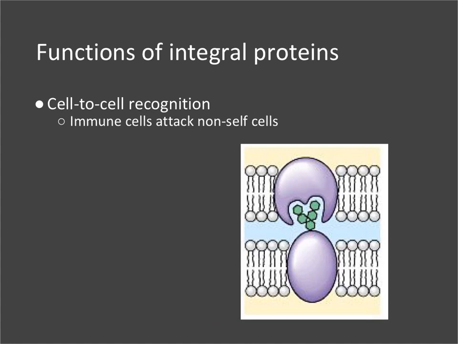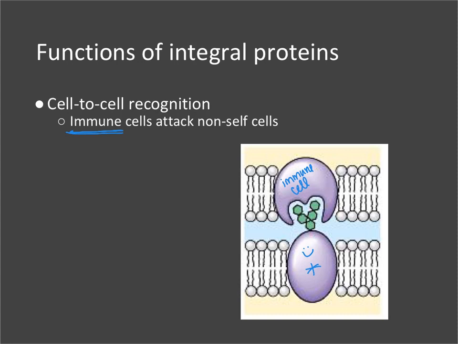Some integral proteins are involved in cell-to-cell recognition, and this can come into play especially with our immune cells or our immune response. So, for example, let's say that this is a cell that's supposed to be in your body. So this one right here is a good cell that's supposed to be there. And this is maybe an immune cell. Immune cells have to be able to recognize that this is a good cell so that they do not attack.